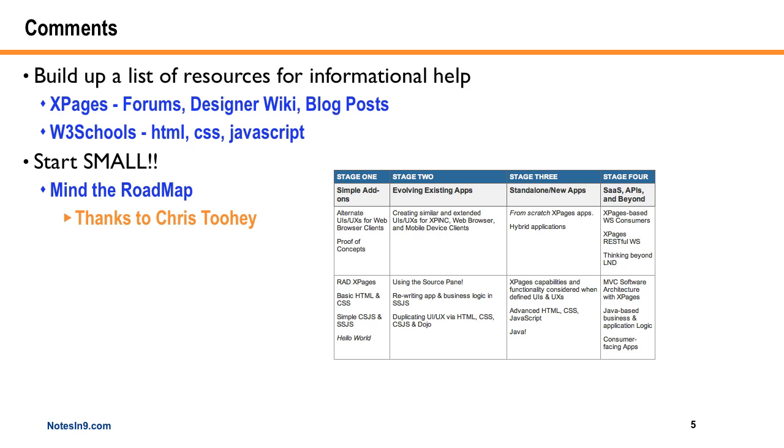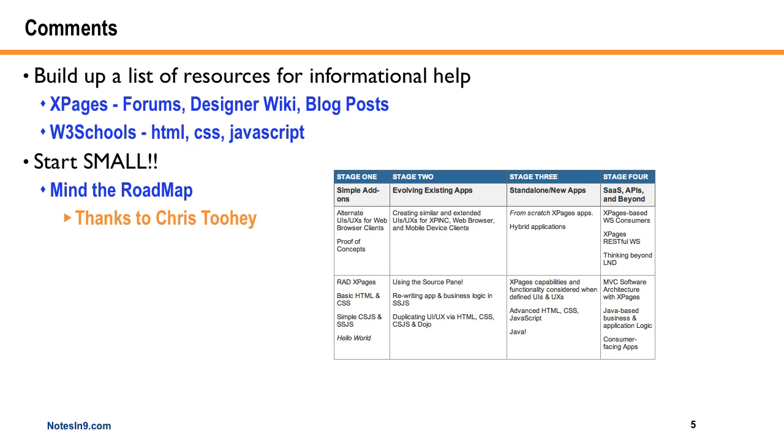And stage four, which I am not in stage four myself, and I don't see myself getting to stage four anytime too soon. But that's really kind of integrating a lot of more advanced topics like MVC, which Chris is big on, but really Java, like the managed beans would be in stage four, which you've probably heard of, and just more of a polished, advanced kind of system.